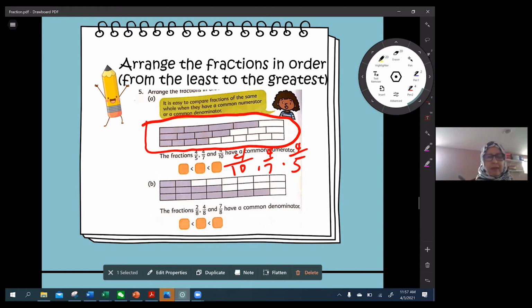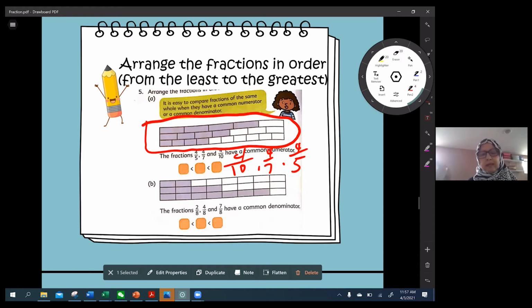All right, so now let's look at this. When you have a smaller denominator, they have to be the same size whole, though, right? You cannot have one piece bigger, one piece smaller. If you are comparing 3 fractions like this, they're the same size.